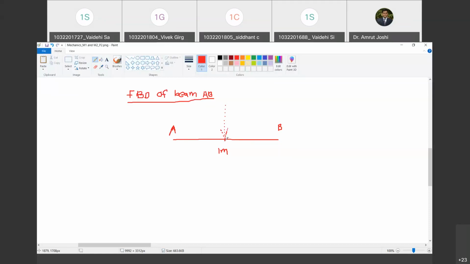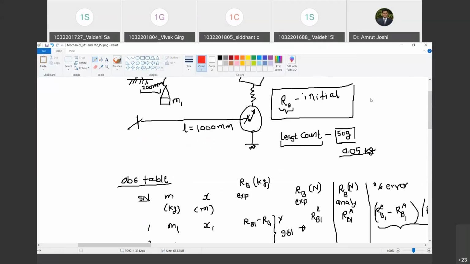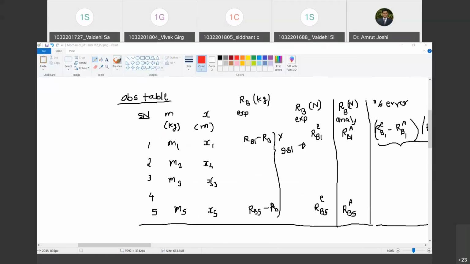Now, what will be the reason that I have shown it as dotted? Tell me. Because it is not part of the body, it's an external force acting on it. No. In FBD, we have to show all the external forces, what all external agencies must have been doing. So that has to be shown. But if you look at the experimental procedure, the value of RB due to self weight has been subtracted from all the readings.